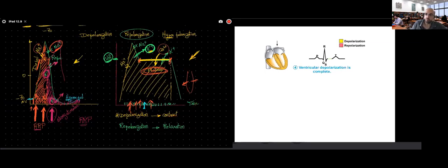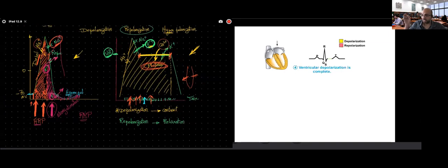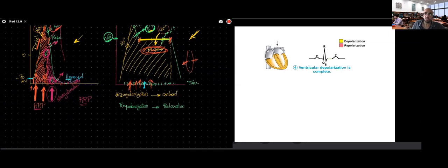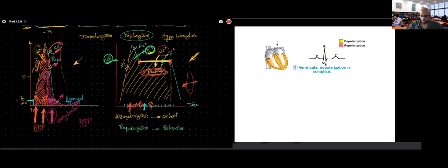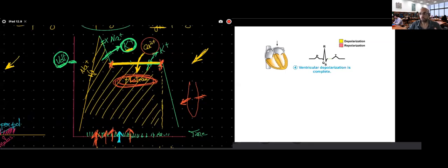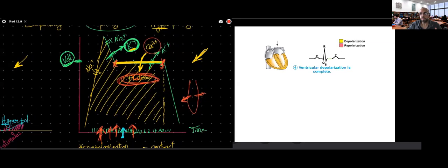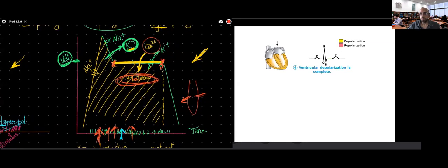The EKGs that we studied last class were thousands of combined action potentials, all taking place at the same time in the heart. So millions and millions of action potentials will be recorded by the machine as an EKG.